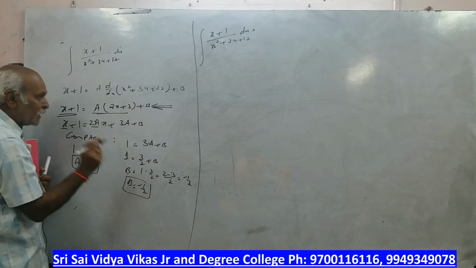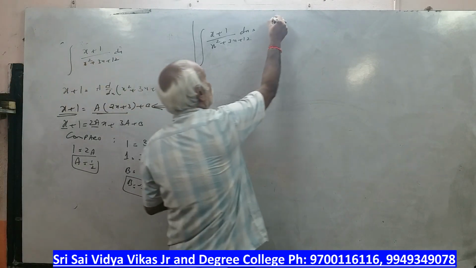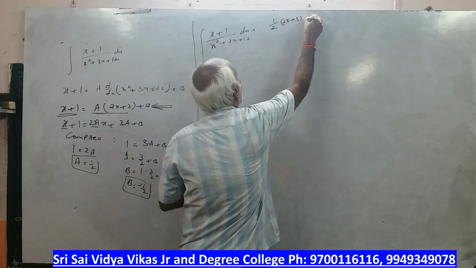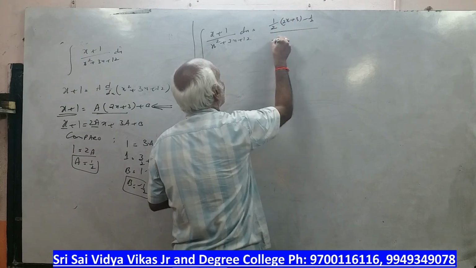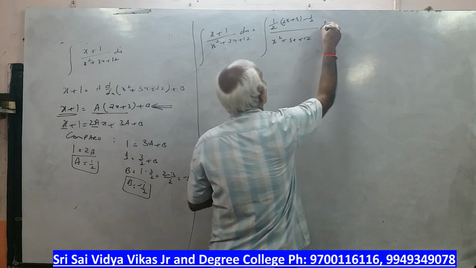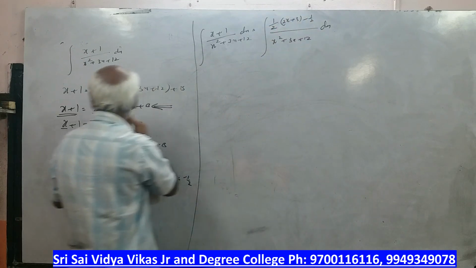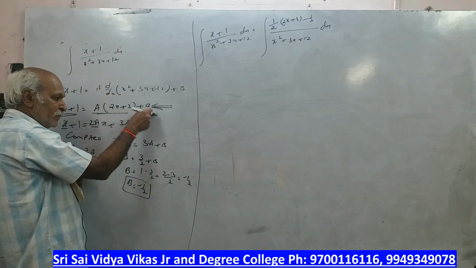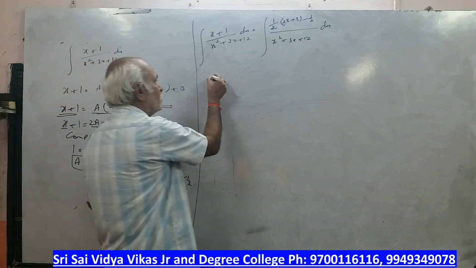What is the b value? Minus 1 by 2. So I am writing here 1 by 2 into 2x plus 3 minus 1 by 2, over x square plus 3x plus 12. So the numerator x plus 1 is replaced by a into 2x plus 3 plus b. The a value we got, the b value we got. We have substituted. Now separate them.